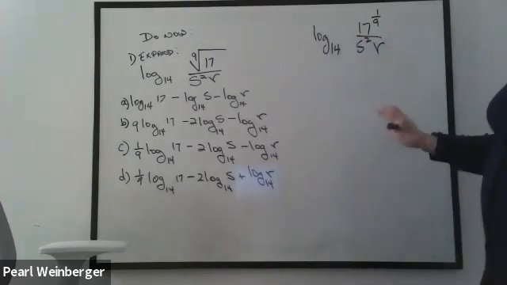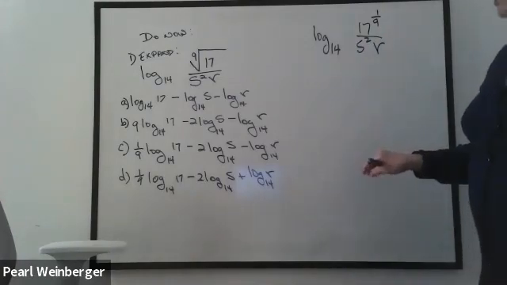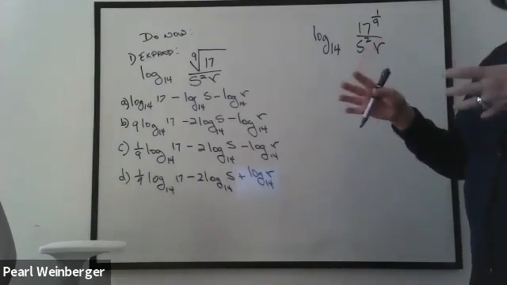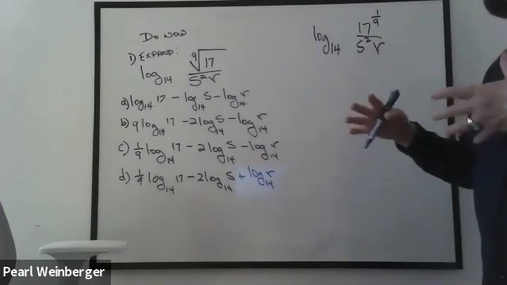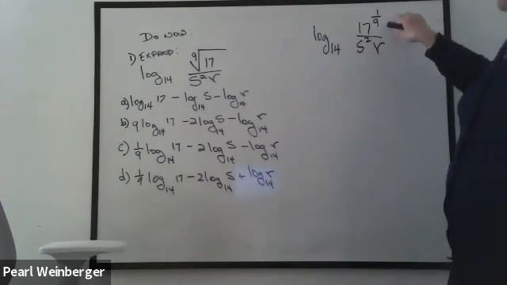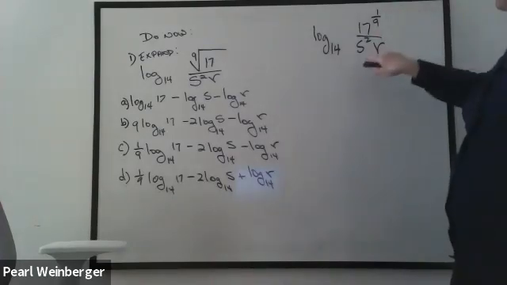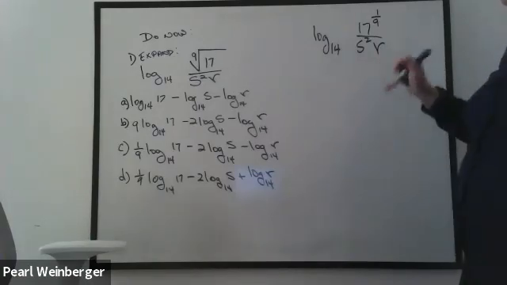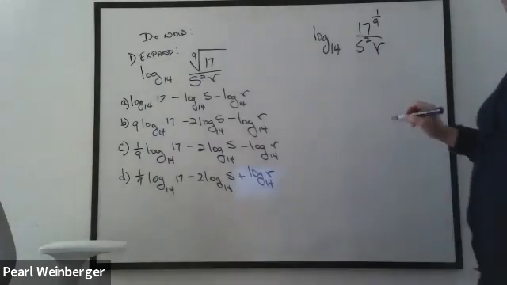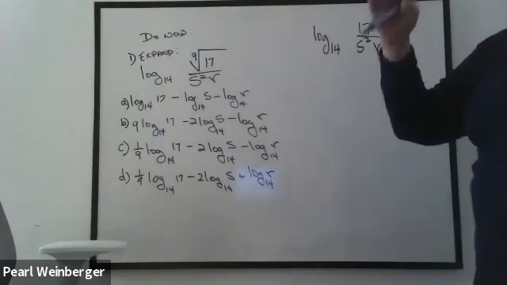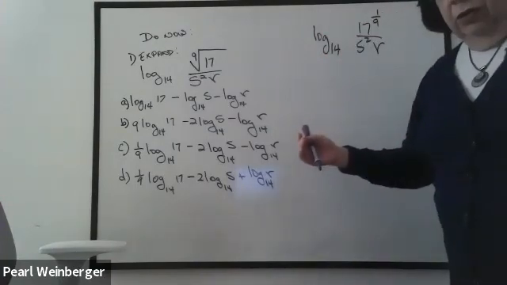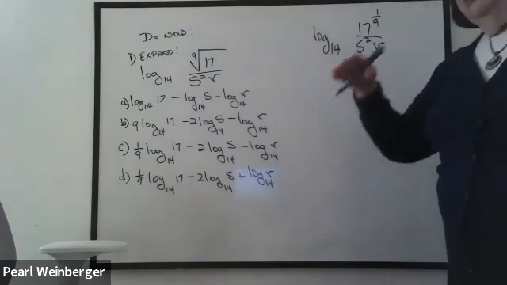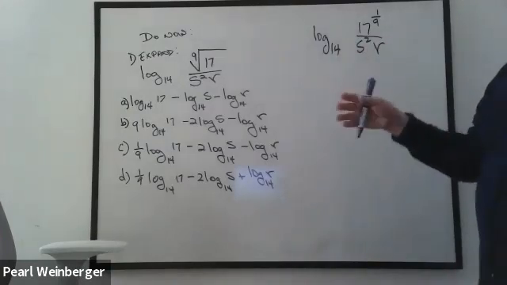Okay. Then the next thing I told you to do is to look for anything that involves either multiplication or division. And I see I'm dividing the 17 to the 1/9 by the s squared r. So in terms of logs, we remember that the rule is that when you're dividing, you subtract the logs. And when you're multiplying, you add the logs.